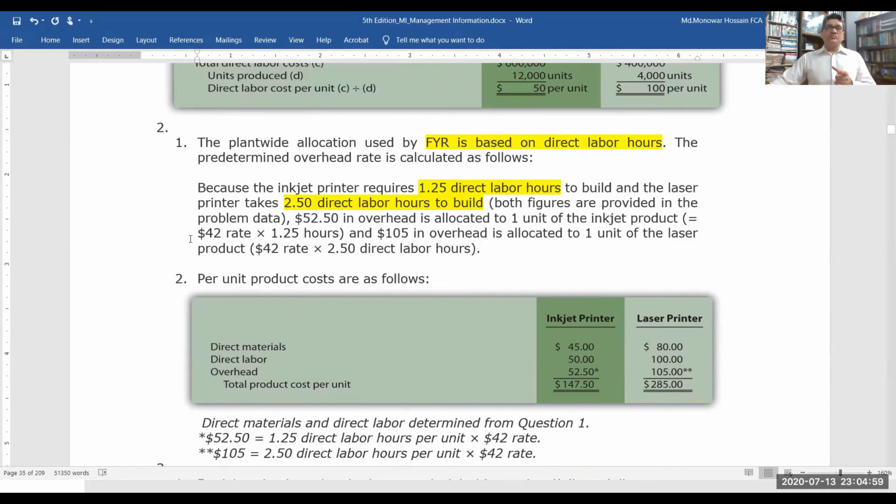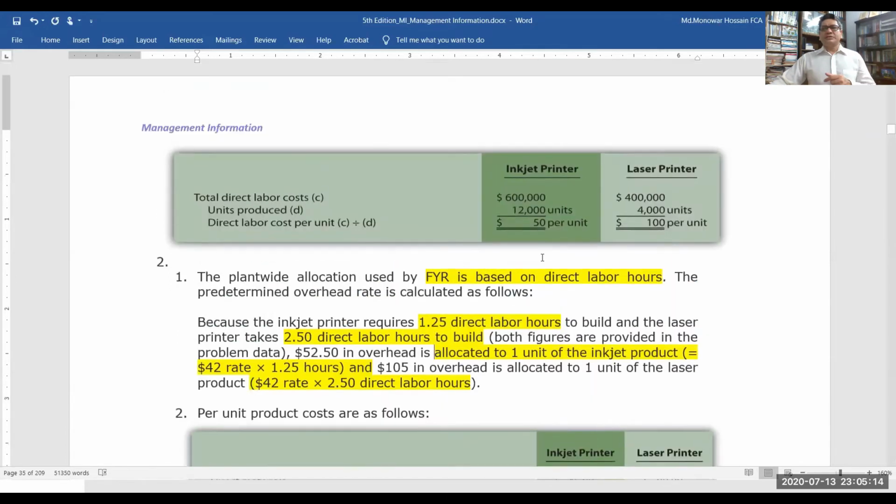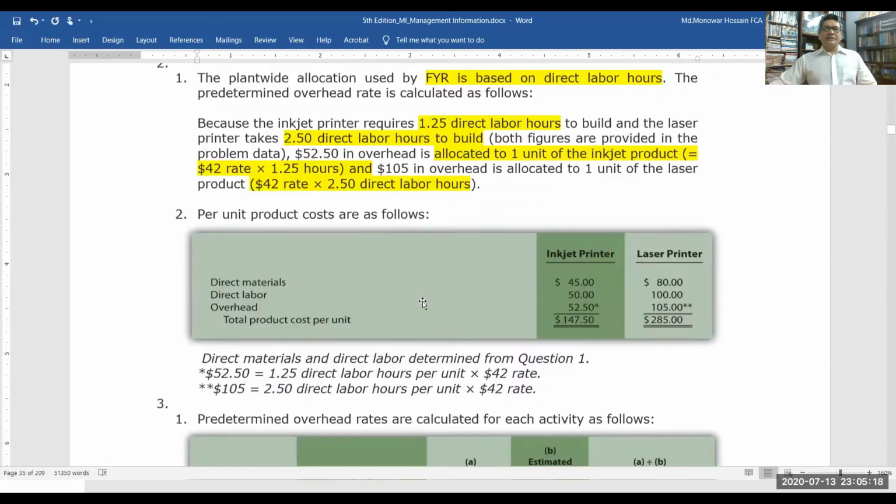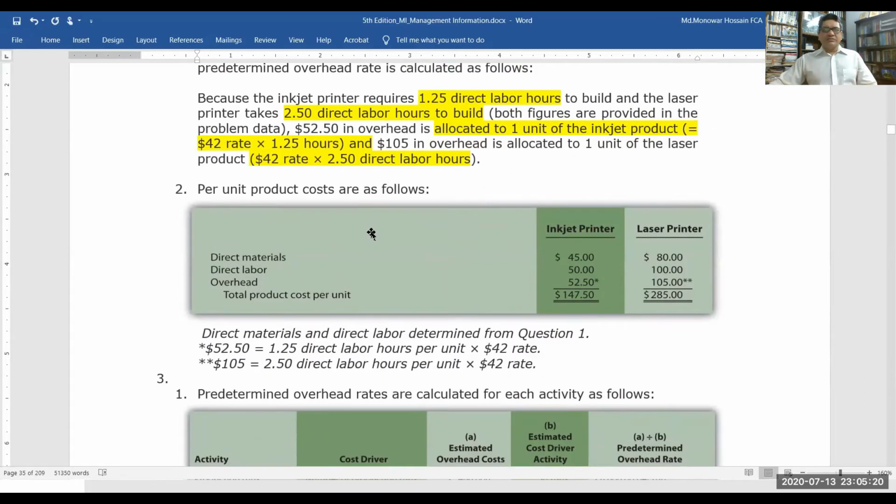How? 42 multiplied by 1.25 hours. And the same way, 42 multiplied by 2.5 direct labor hours, we will get 105 overhead for the laser printer. So this is the predetermined overhead rate.